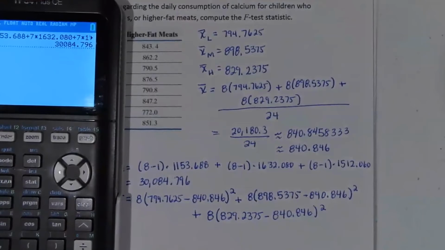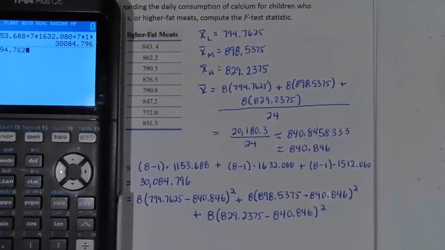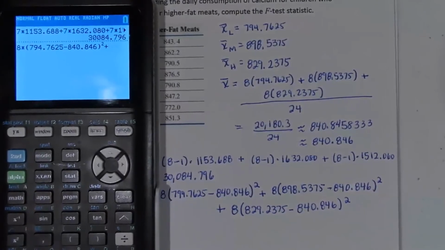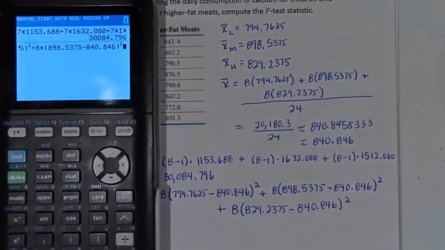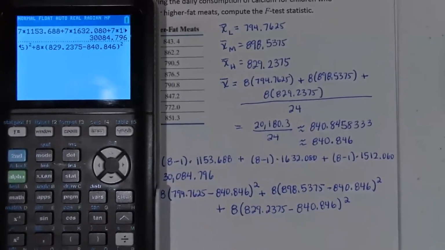So 8 times (794.7625 minus 840.846) squared, plus 8 times (898.5375 minus 840.846) squared, plus 8 times (829.2375 minus 840.846) squared.